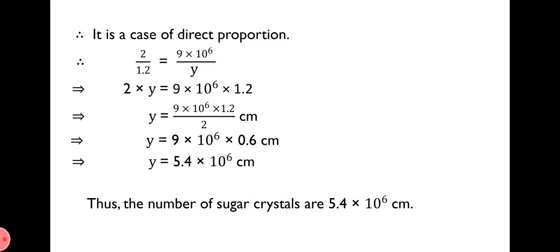Next, question number 8. Rashmi has a road map with a scale of 1 centimeter representing 18 kilometer. She drives on a road for 72 kilometer. What would be her distance covered in the map?